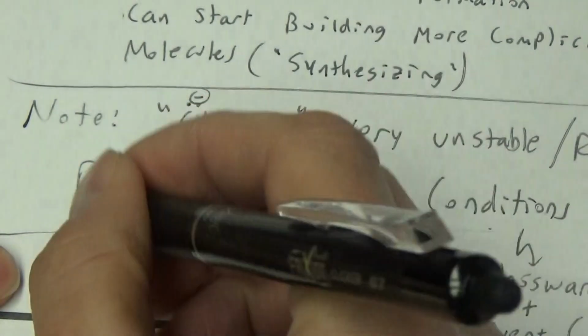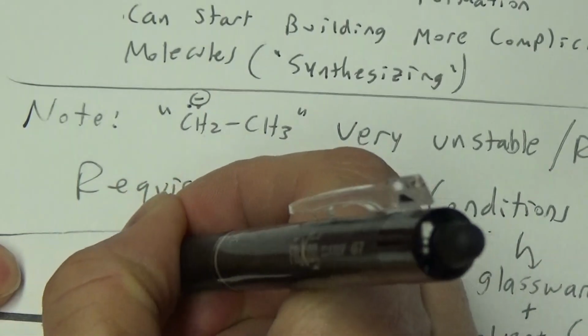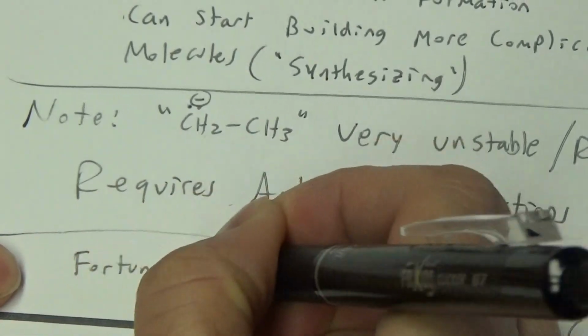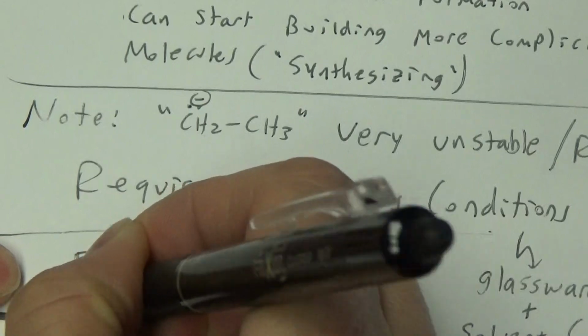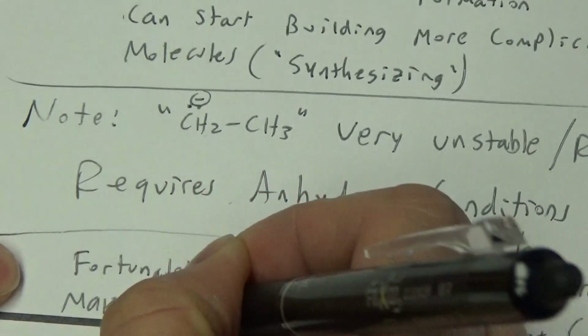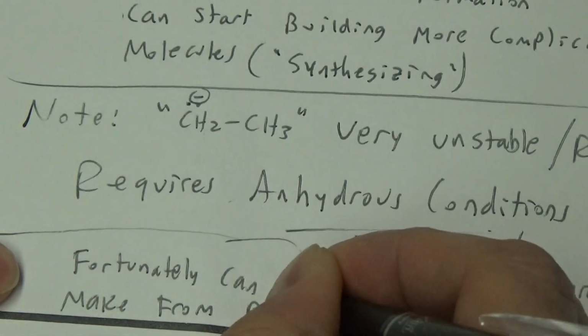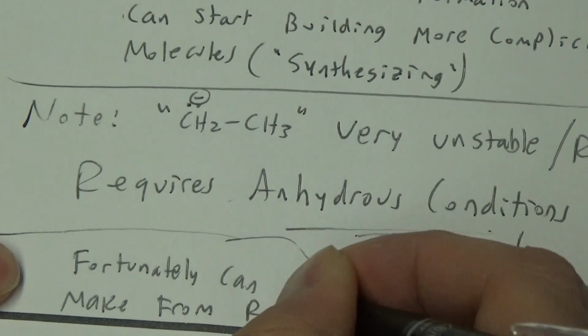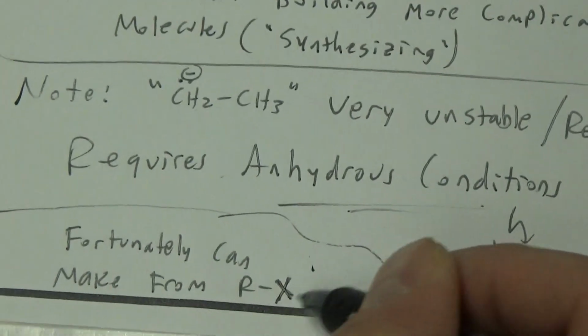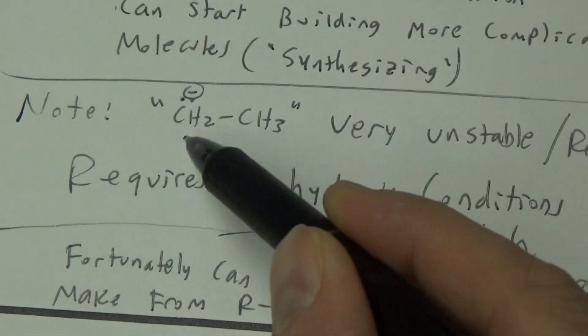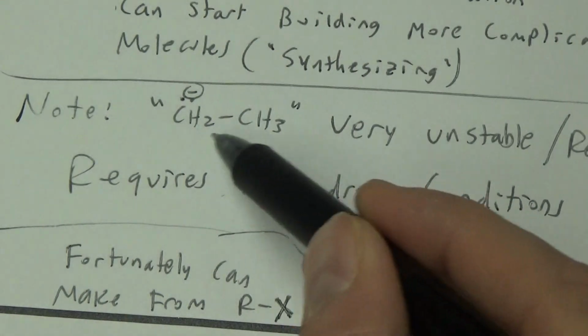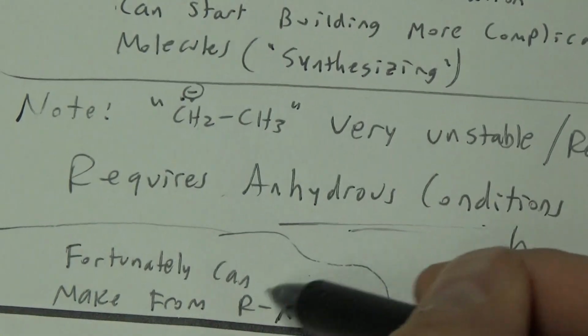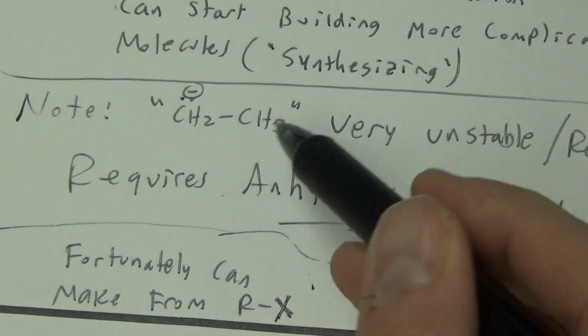So fortunately, we can make them from haloalkanes. Remember those? RX, things like Br, like ethyl. I can make this from ethyl bromide or bromoethane, right? So alkyl halides can be converted to these molecules pretty easily.